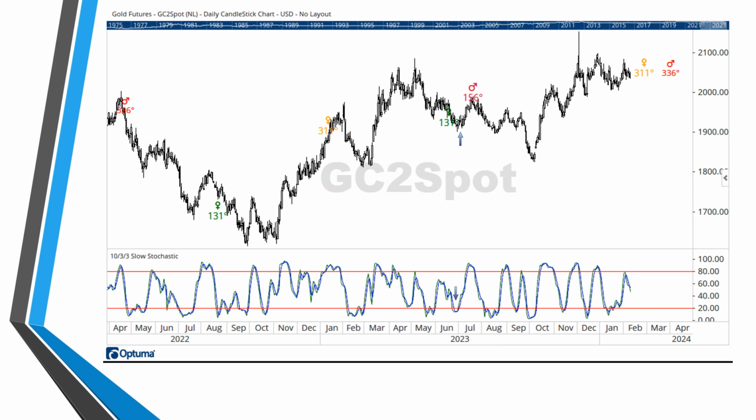Now, here's a chart of gold futures, and if you look at this chart, and again, you have to look also at the stochastic. You're going to see that Mars and Venus at those various geocentric points, there is an alignment to turning points, and there might even simply be an indication, and August of 2022 was a perfect example.